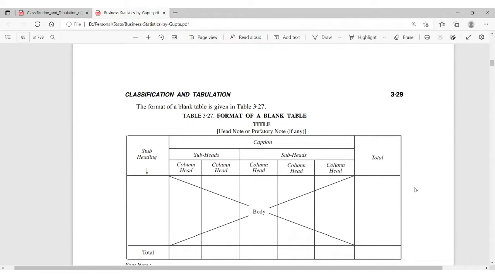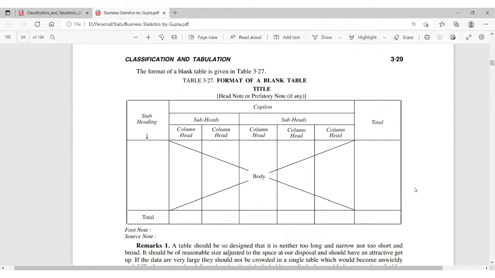This is some kind of a format of that. See, look at this, everything in detail.